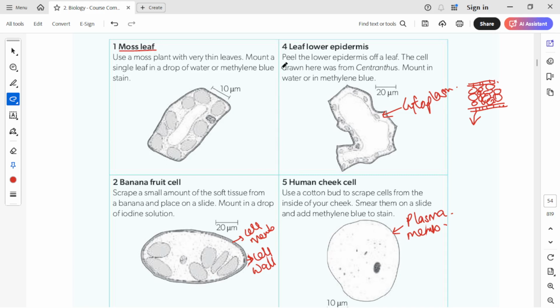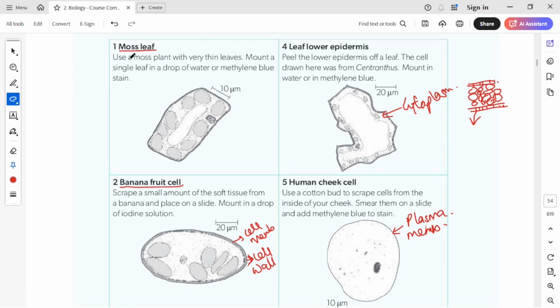For the moss leaf and lower epidermis of a leaf, the function is basically photosynthesis and production of glucose. But a banana fruit cell's function is storage of starch, and it will not be involved in photosynthesis. So starch will be filled in these fruit cells.